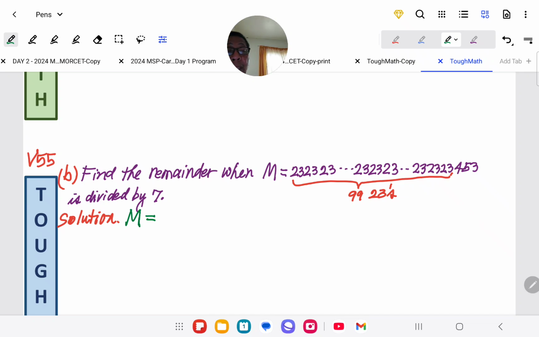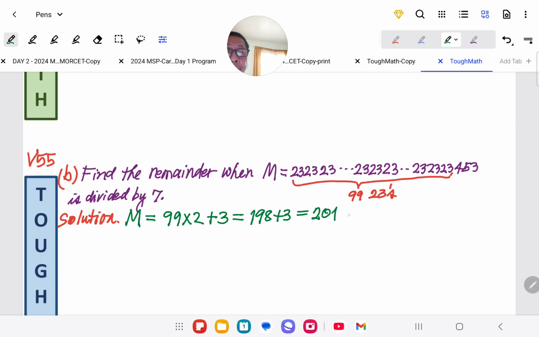Since there are 99 23s, we have 99 times 2, because 23 is a 2-digit number, and then we add the 3 digits coming from 453. So this is 198 plus 3. So you have 201 digits.